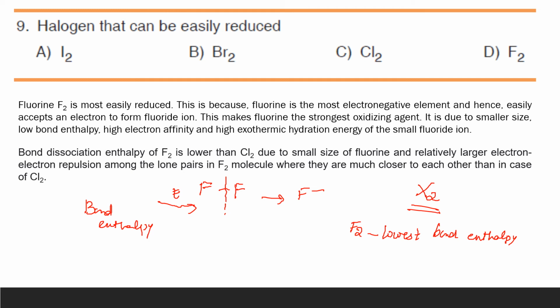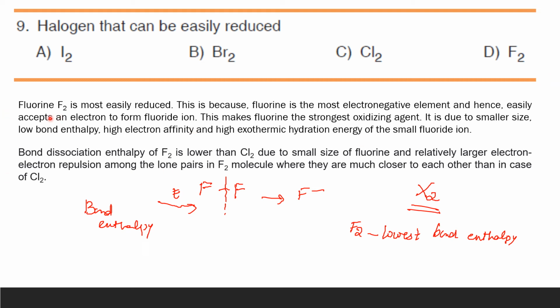That is one of the reasons for fluorine to act as a strong oxidizing agent. Therefore it has low bond enthalpy, and moreover it has high electron affinity. Electron affinity is something which helps the element to accept more electron. So all these work together for fluorine to accept an electron, so it easily gets reduced.